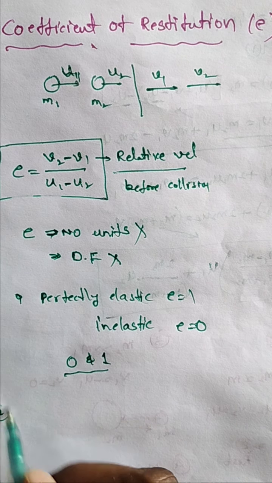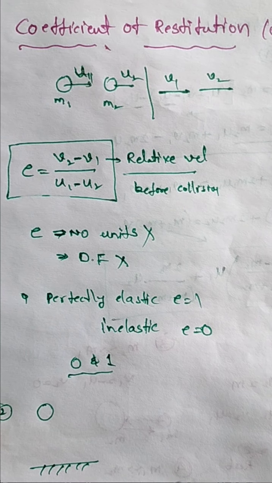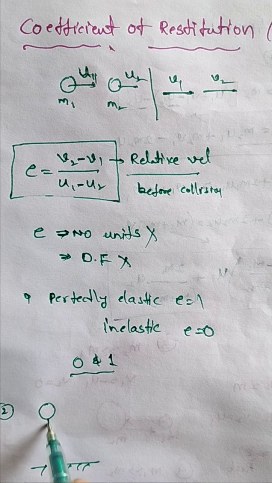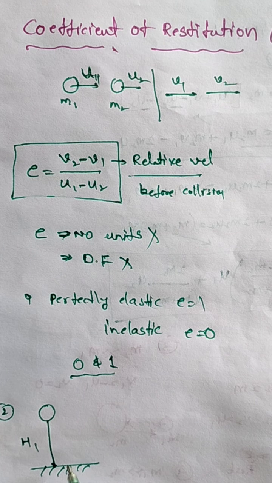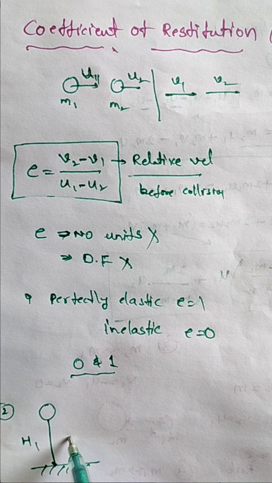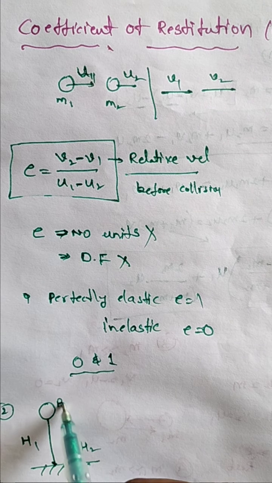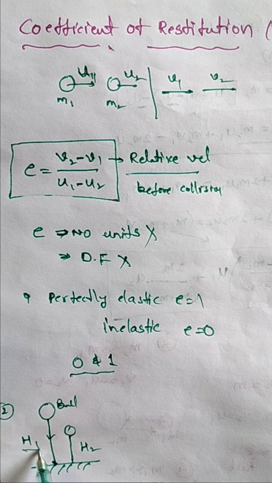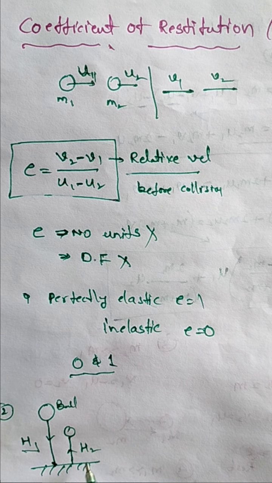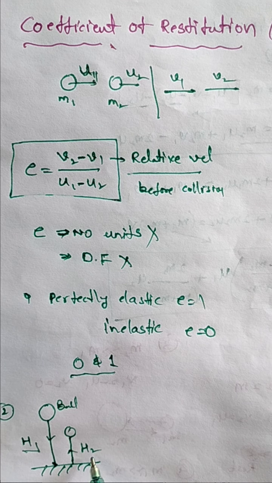Suppose there is one ball and one ground. When a ball is dropped from a particular height h1, it hits the ground and rebounds to a particular height h2. So after hitting the ground, it reaches the height h2.